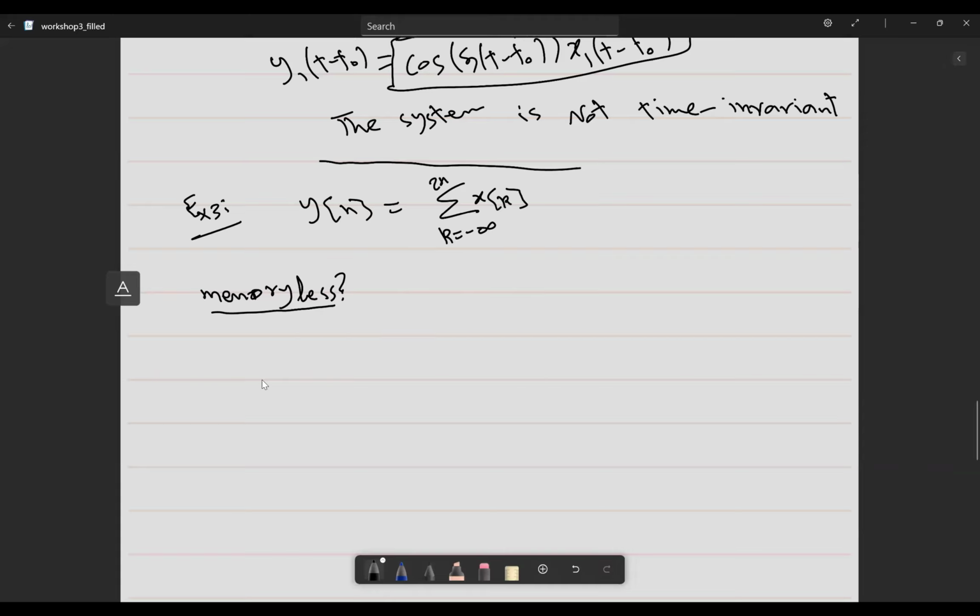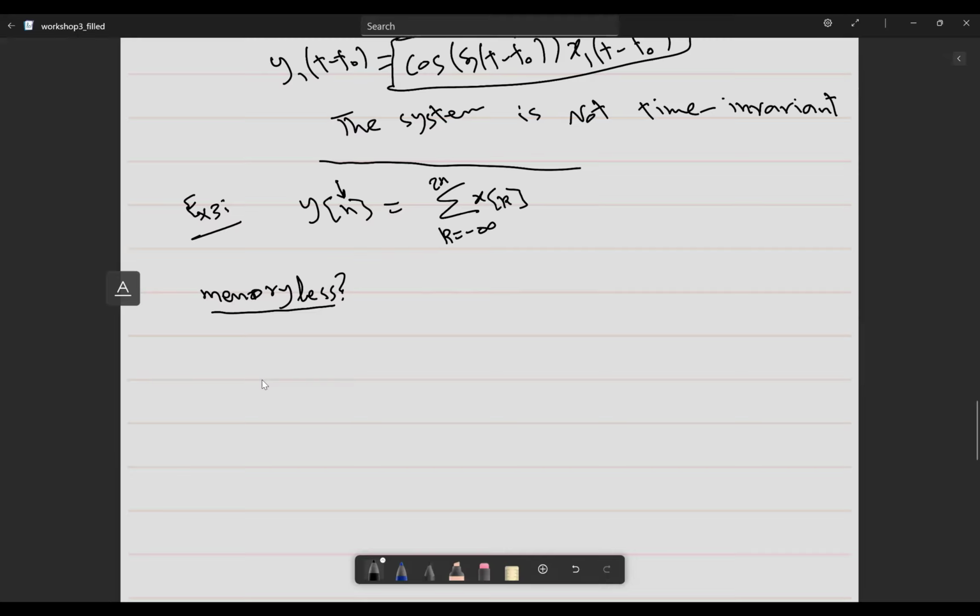So the present here is n. Is the system memoryless? Is it not memoryless because it's a factor of n instead of just n? Yeah, that's correct. It is not memoryless. It has memory.